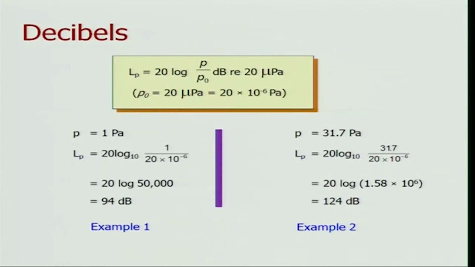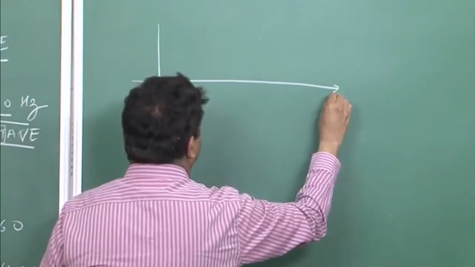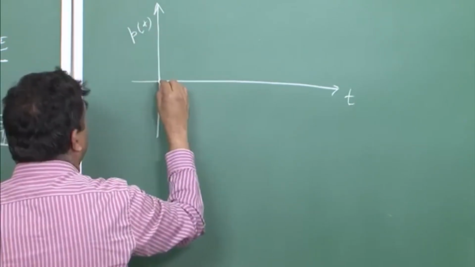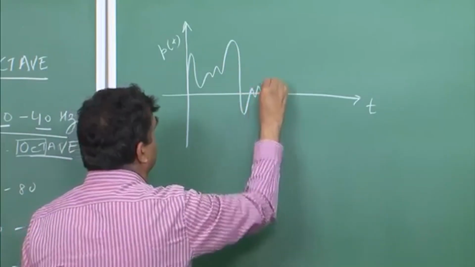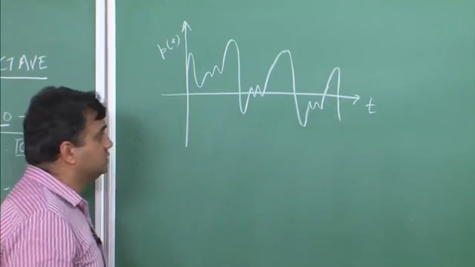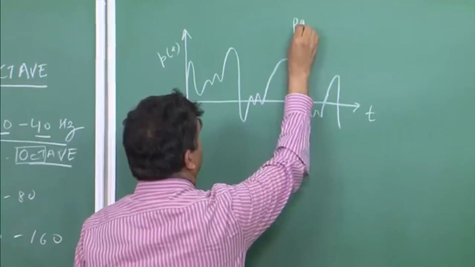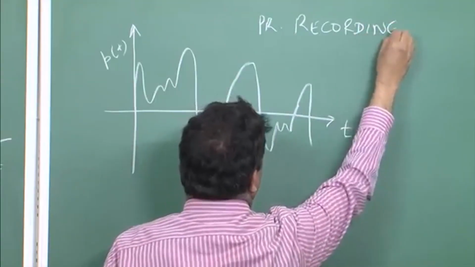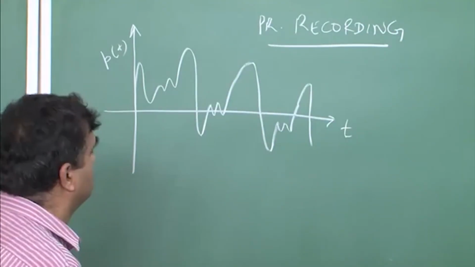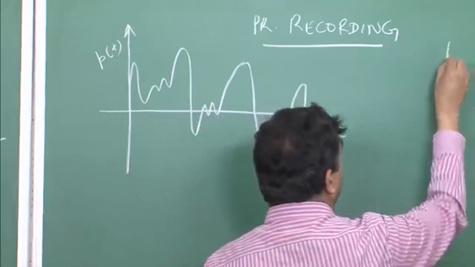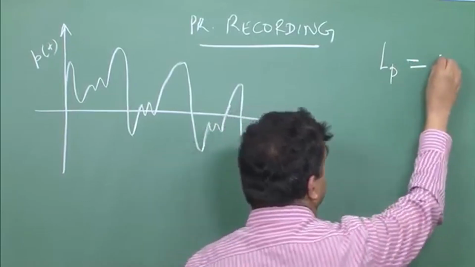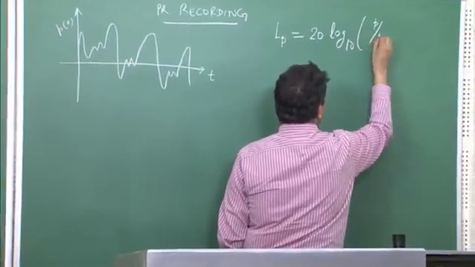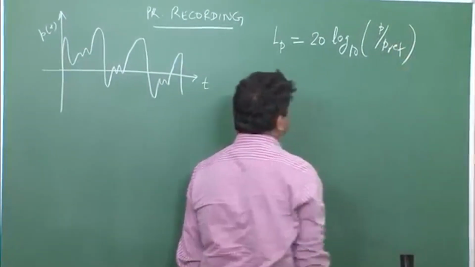What does that mean? Suppose this is my pressure level, and let's say this is my pressure recording. When I am going to compute decibels or LP, the question is, this is the formula, P over P ref.